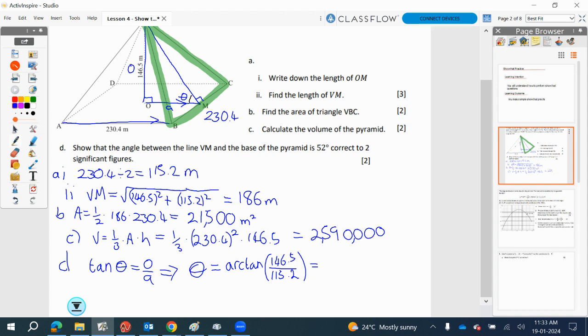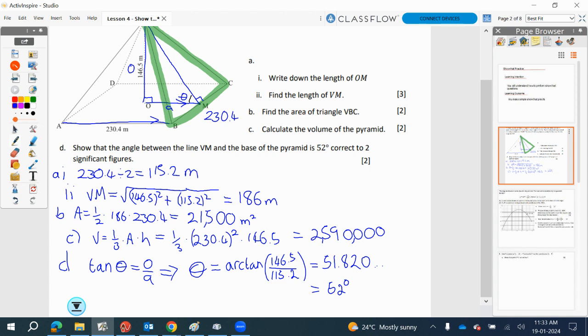It's enough to show 3 significant figures, because this is only 2 significant figures. Show a few more decimal places, which equals 52 degrees. You don't get a point for the 52, but you need to show that you get to this answer.